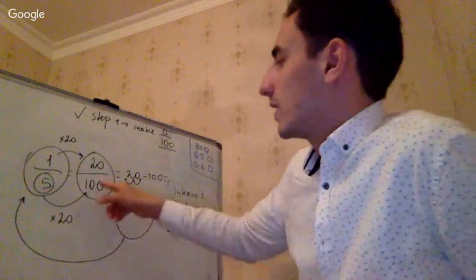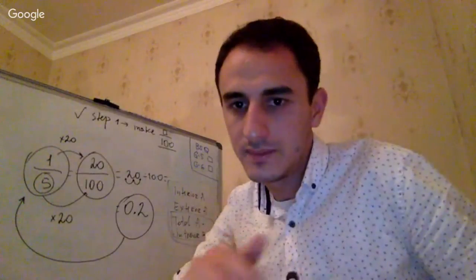Why did we multiply by 20 in order to get 100 from 5? 2.234%? That's decimal.